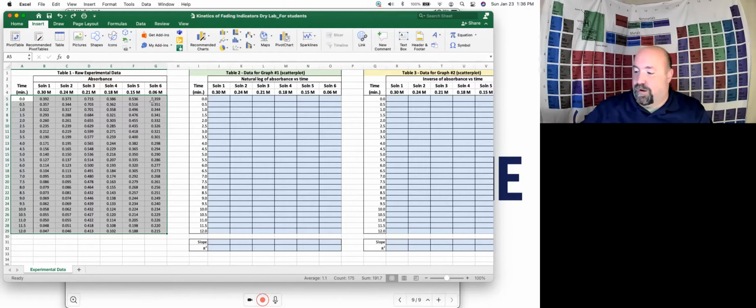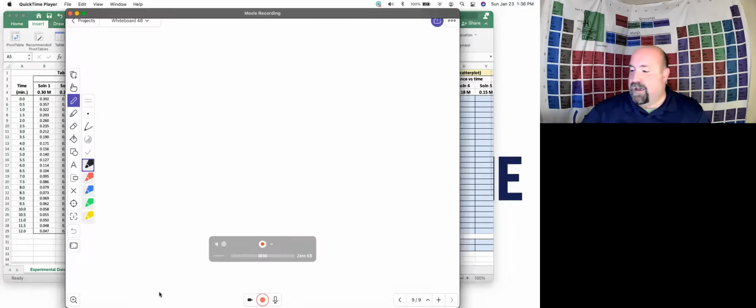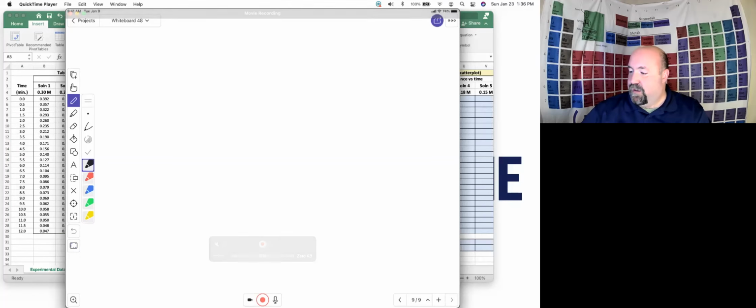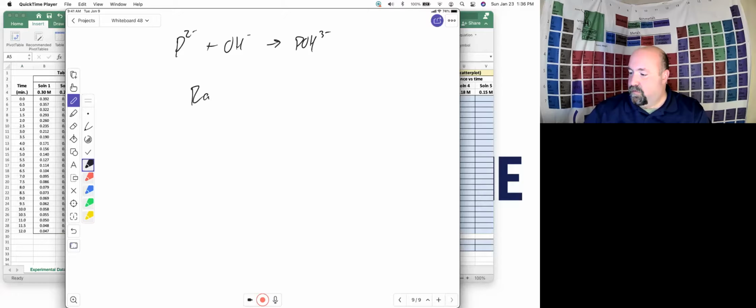And what we really want to do, and I'll just tell you flat out, this is not 0 order. So we want to discover, remember, what we want to find out first when we're looking at our overall equation, our phenolphthalein plus our OH minus. We've got our rate law.